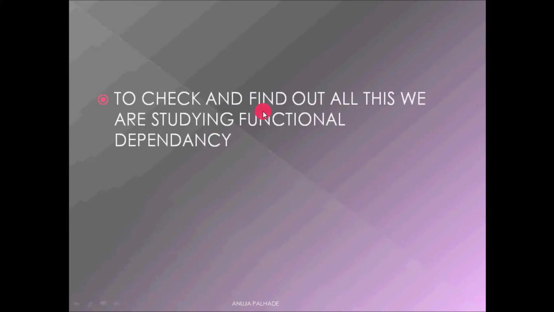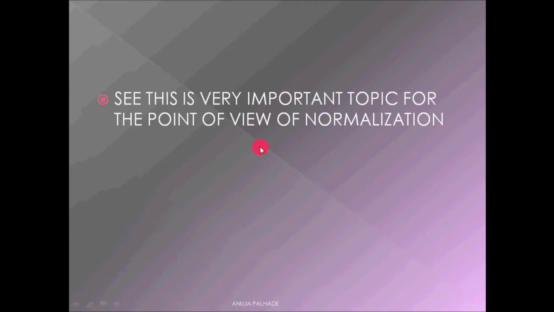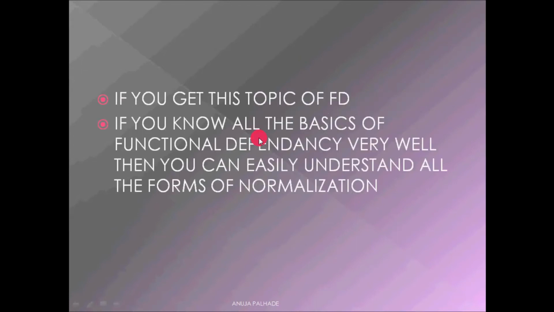So to check and find out all this, we are studying functional dependency. This is a very important topic from the point of view of normalization. If you get the basics of functional dependency very well, then you can easily understand all the forms of normalization also.